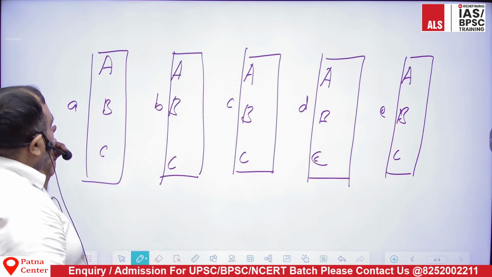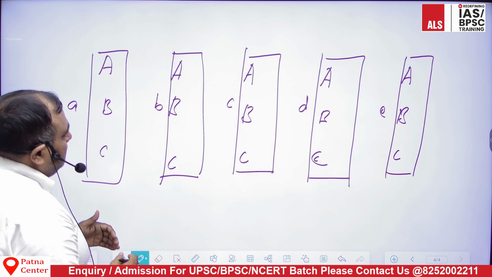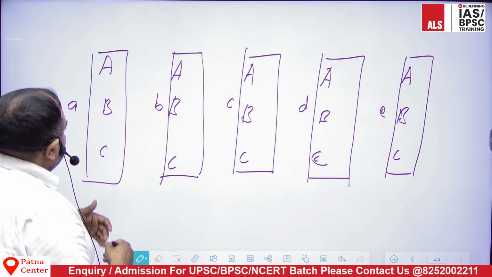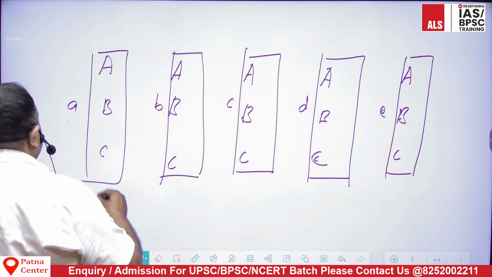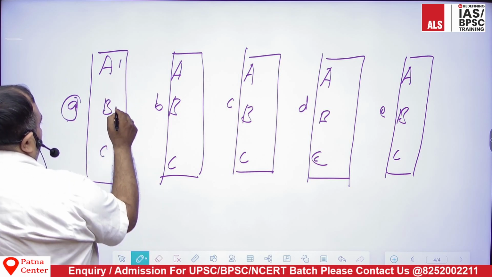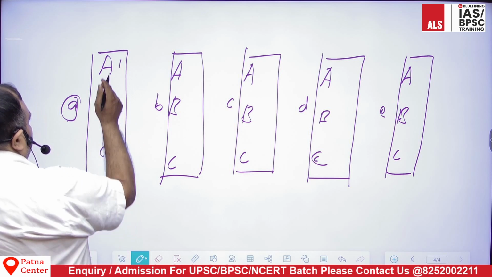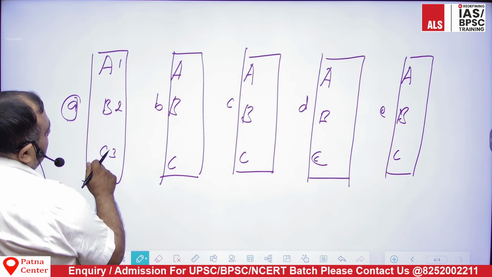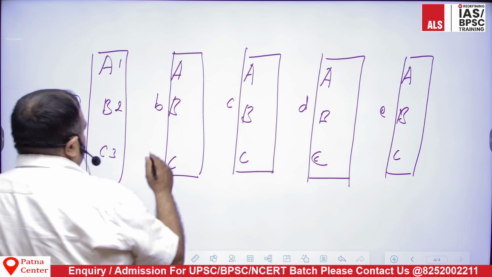Now, each voter has been asked by their respective political parties to give the priority as the party has decided. Suppose this voter has to provide these numbers: capital A, choice number 1, capital B, choice number 2, capital C, choice number 3.